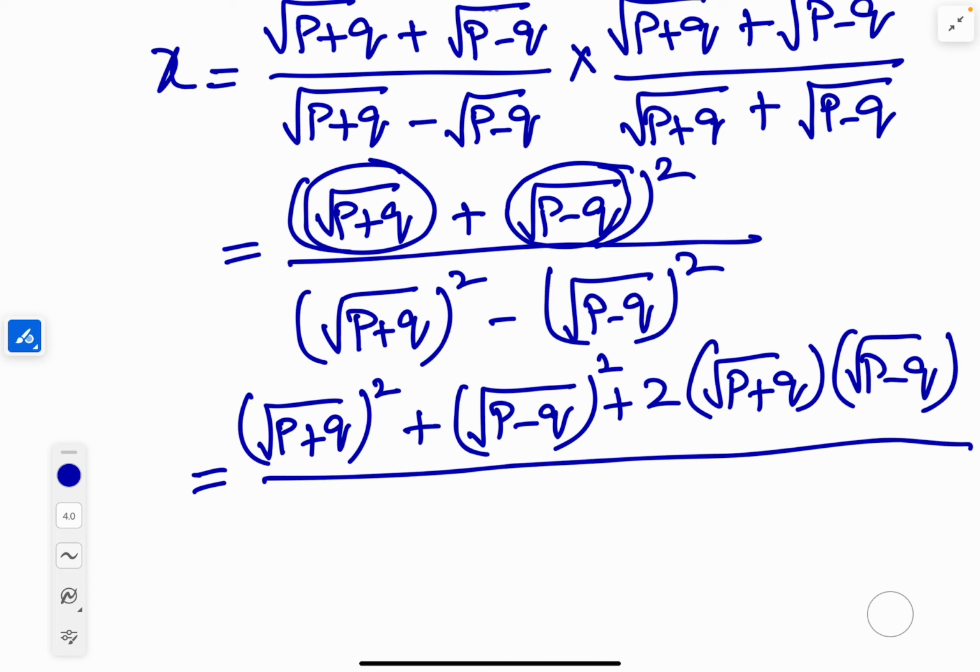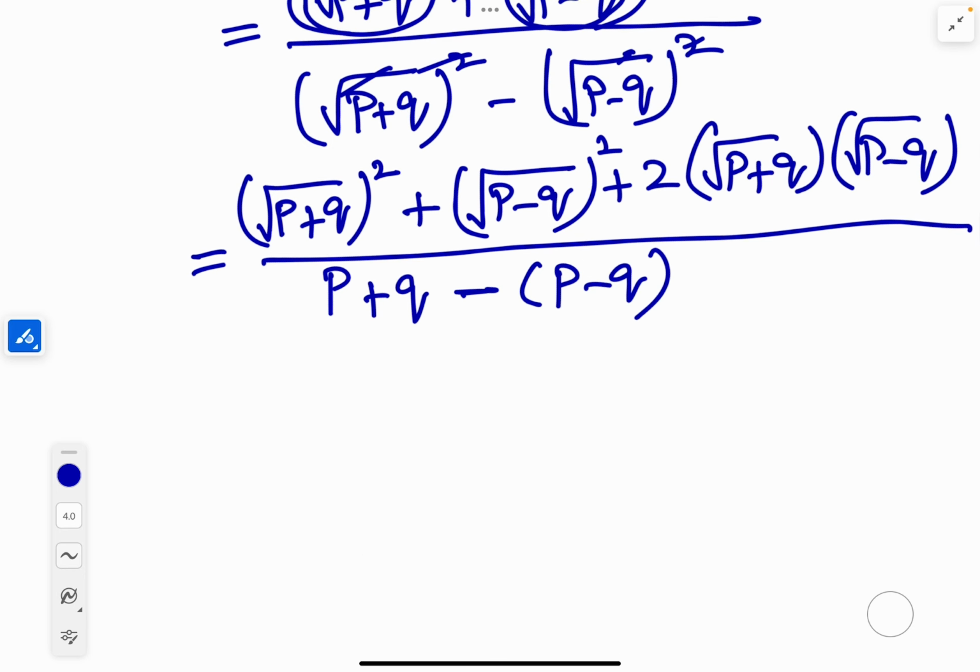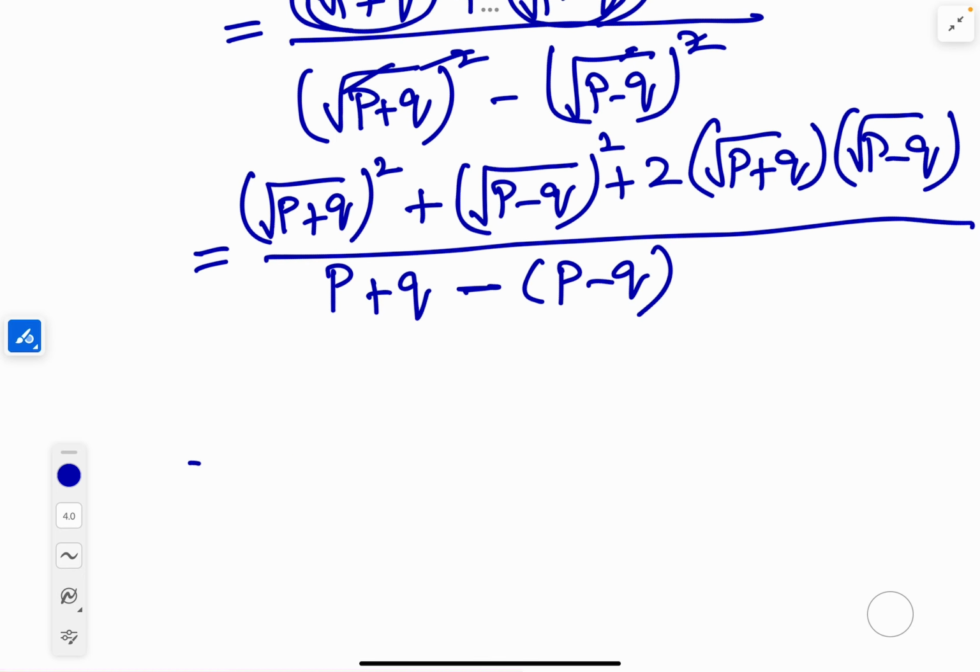Now here square and square root are inverse operations, so we will be getting p plus q. In the denominator, since it is minus, I'll put a bracket and write this sign, and square and square root are inverse operations, so we will be left with p minus q.